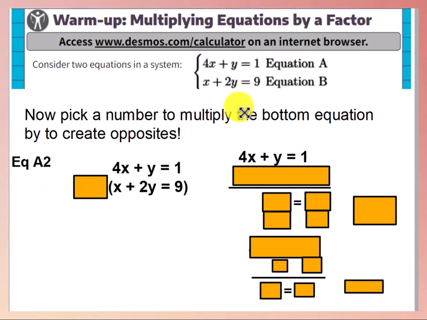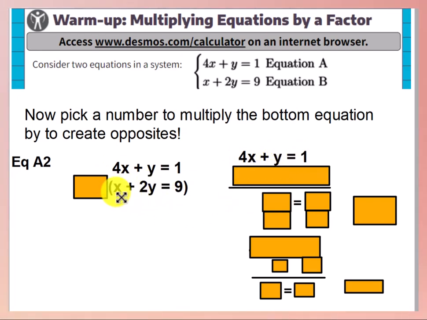All right, now consider these two equations again. The same two equations. Now pick a number to multiply the bottom equation by to try to get matching coefficients but opposite signs. All right, so we're going to keep the 4x plus y equals 1. We want to try to match up either the 4 or the 1.